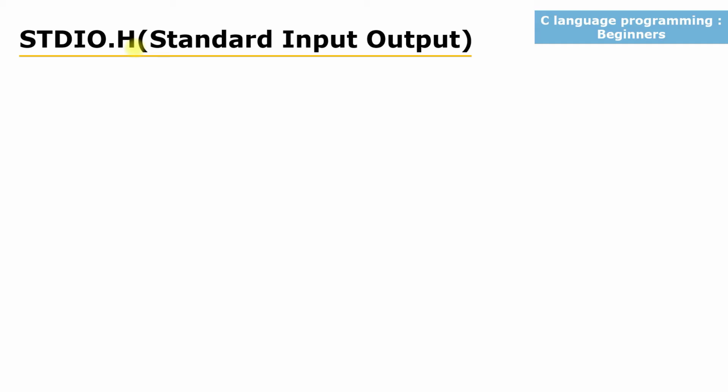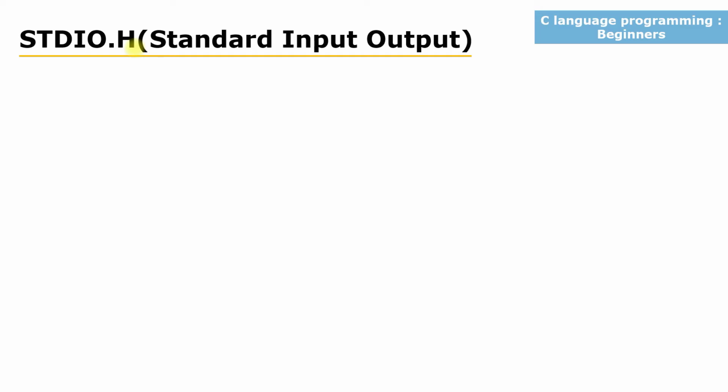The file-related functions we will discuss in the files concept. Now we will learn about the predefined functions of stdio.h related to reading data from the keyboard and displaying data onto the monitor.